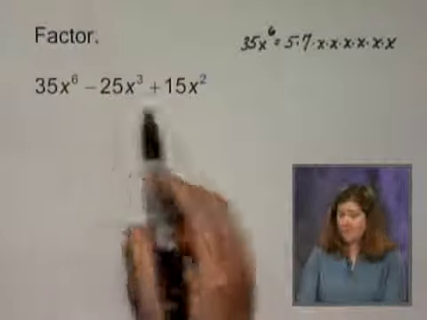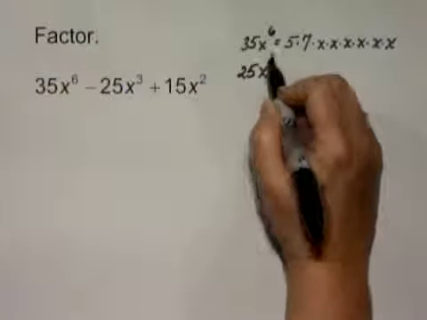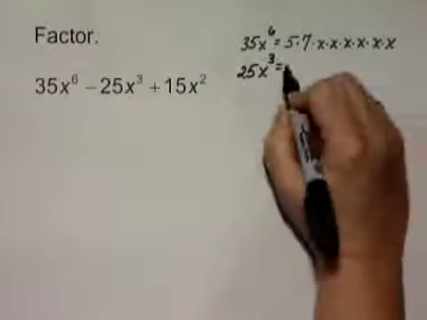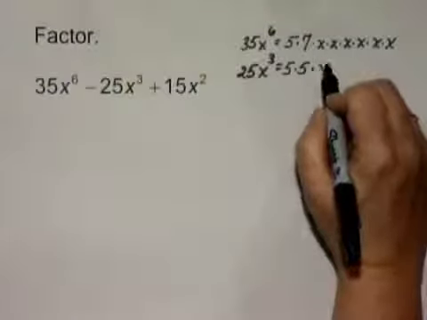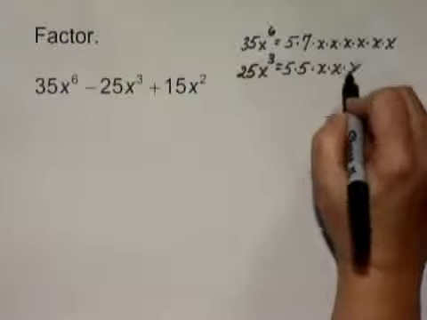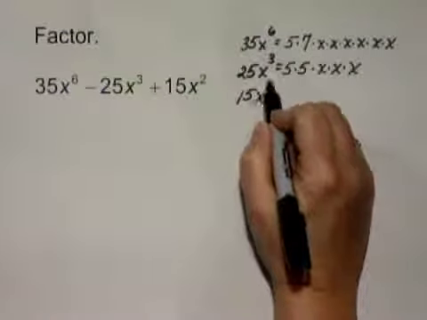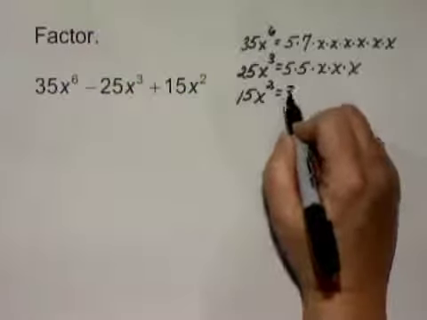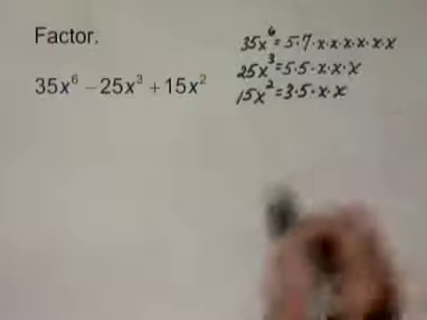Now I'll factor 25x to the 3rd power. First of all, I factor 25, and that gives me 5 times 5. And then I have 3 factors of x. And 15x squared, I first factor 15, and that gives me 3 times 5. And then there will be 2 factors of x.